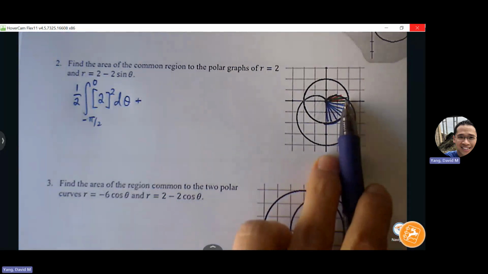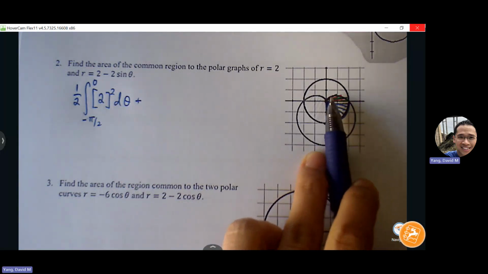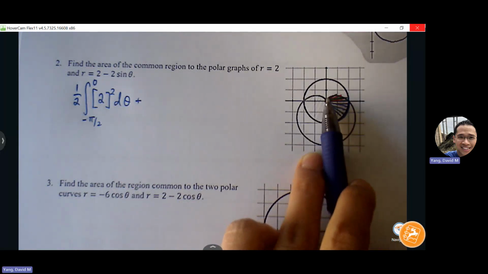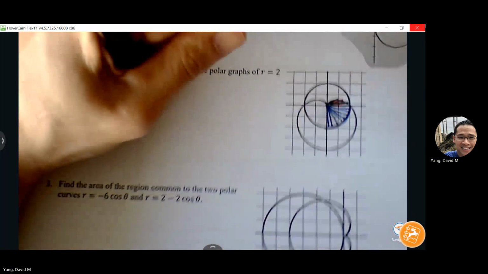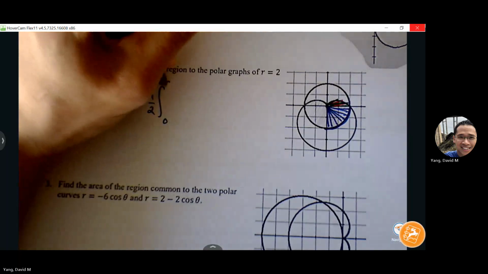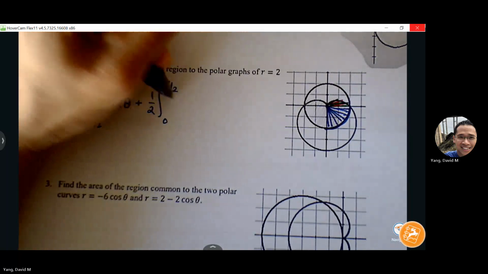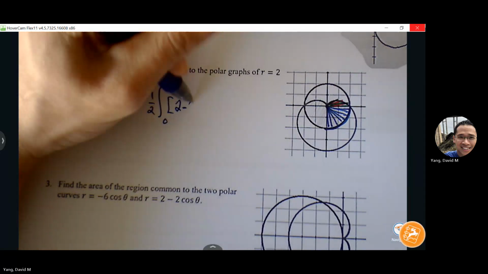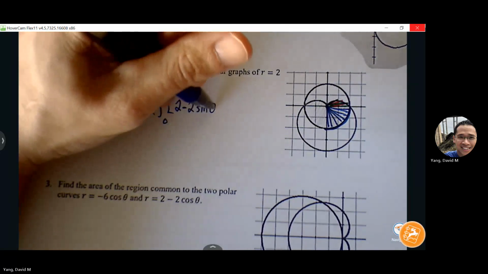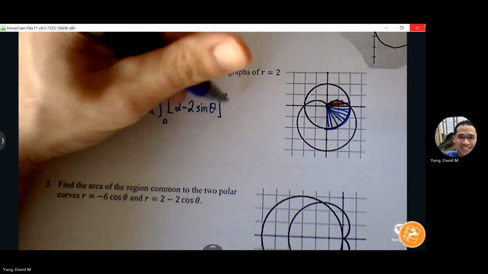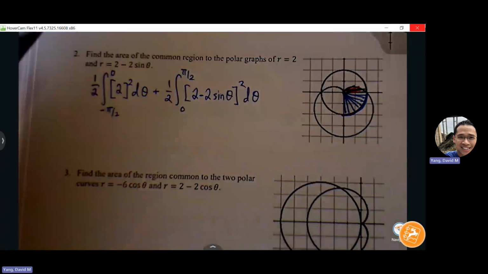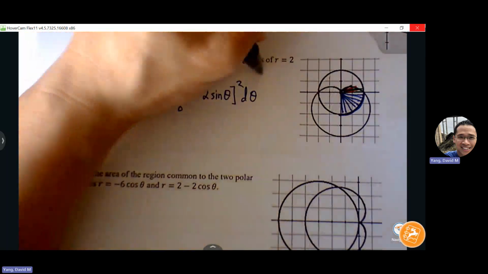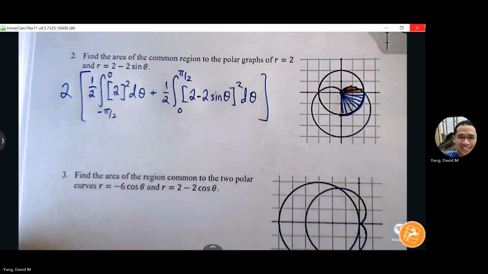And then from 0 to pi over 2, it's going to hit this upper bump from the cardioid. And then this is only half the region, so I can take this and multiply by 2.